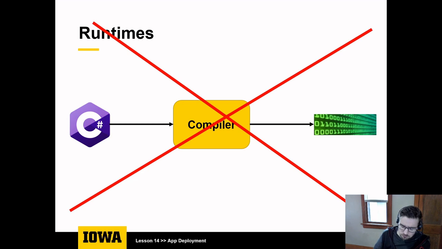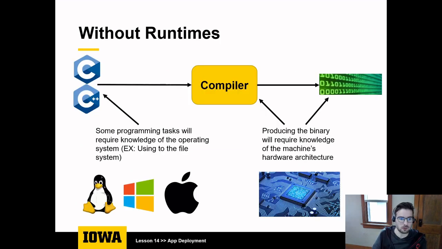So let's first talk about when this is true. This is true when you're programming in C and I think C++. When you're using these languages, you give your program to the compiler, and the compiler produces the ones and zeros, the binary, and that binary is what's executed on the machine.